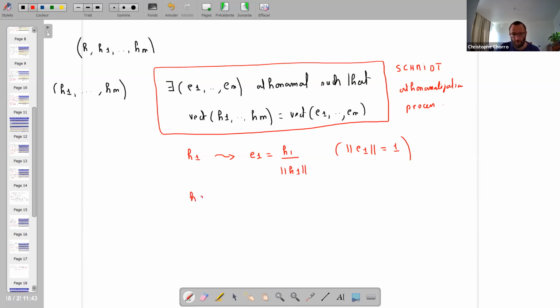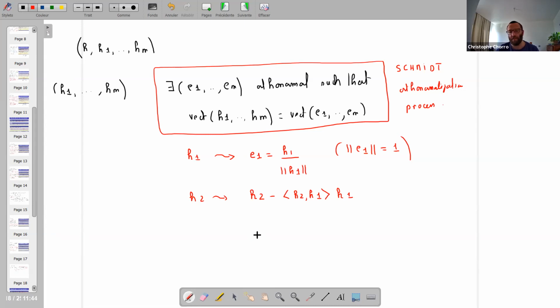For H2, I want to make it with norm 1 and orthogonal to the previous one. So what can I do? I can transform H2 into H2 minus the scalar product between H2 and H1 times H1.